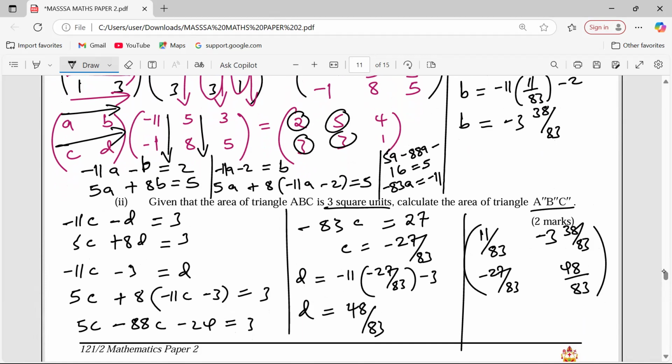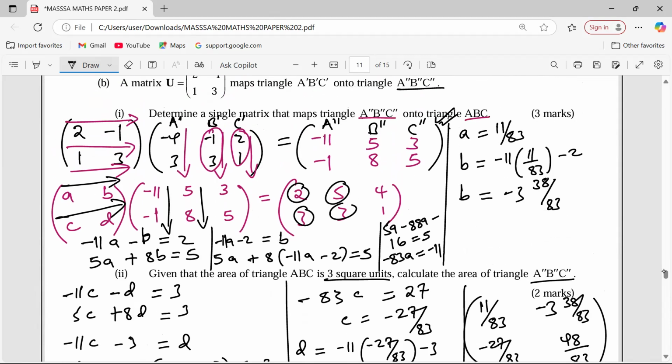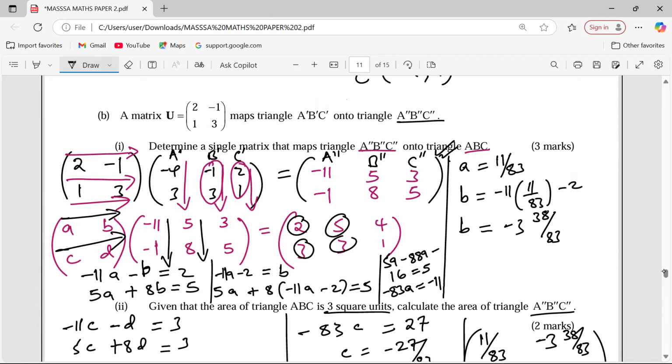Area scale factor and the determinant. Therefore, the matrix responsible for mapping this triangle onto ABC is already known.